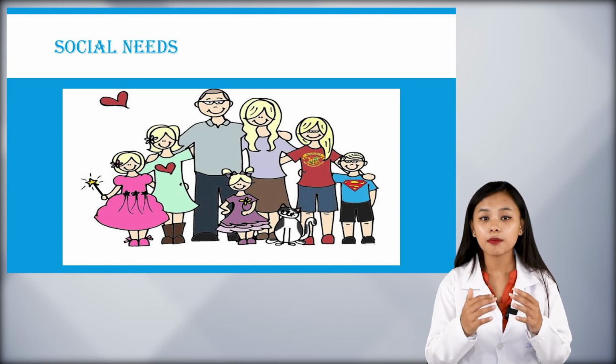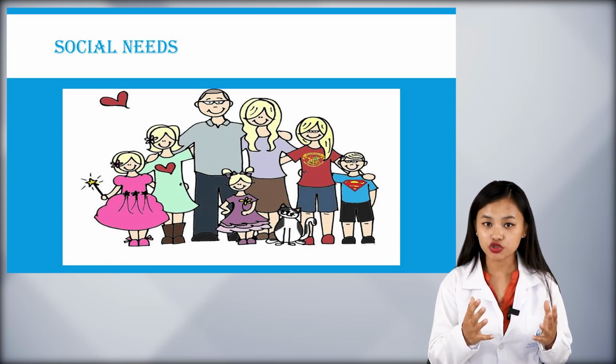Once a person has met the lower levels of physiological and safety needs, next he will start moving to the higher levels. Under the higher levels, the first that comes is the social needs.